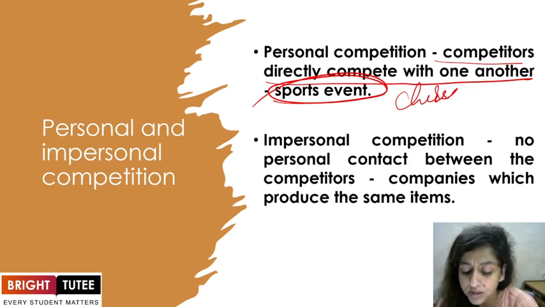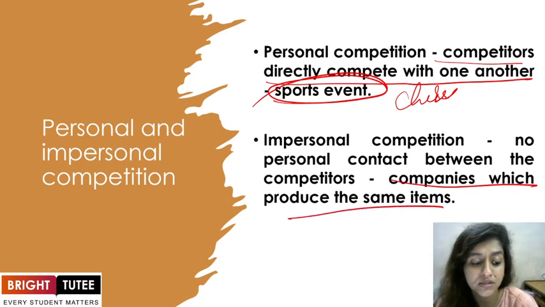Wherein in impersonal, you have no personal contact between the competitors. For example, companies which produce same items. If you talk about chocolates, all those Cadbury, Nestle, all these companies that are producing chocolates are not directly in competition with each other.